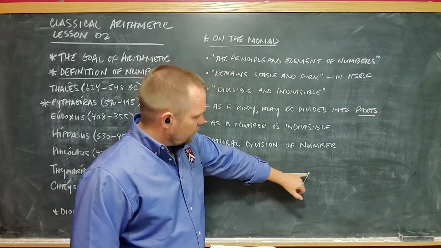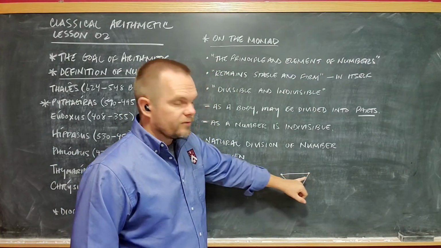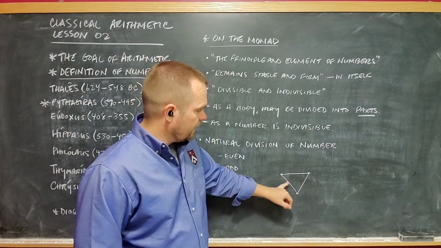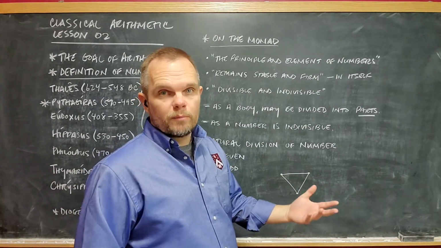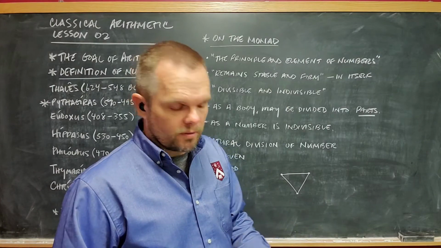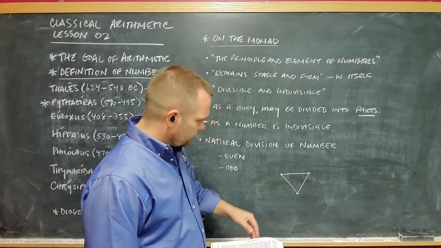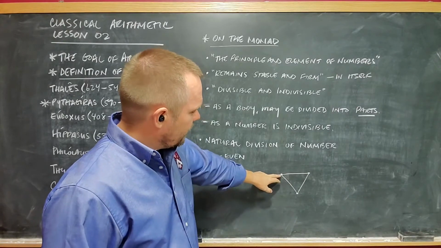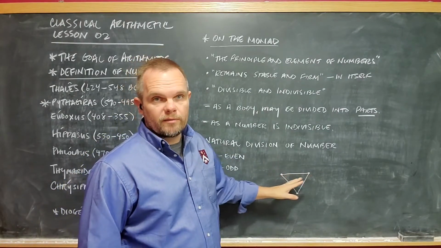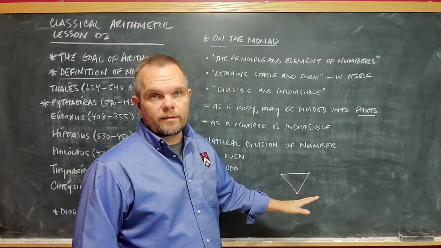But when we have 2 points, we all of a sudden have a line. And when we add a third point, we all of a sudden have length, breadth, and depth, okay? Actually, let me just clarify that. When we have 2 points, we have length and no breadth.